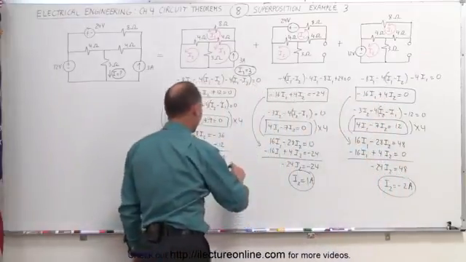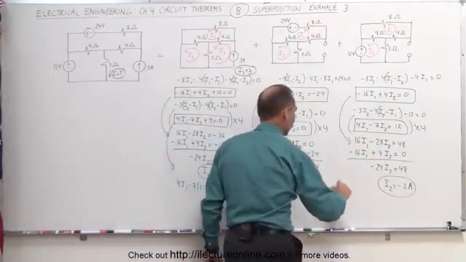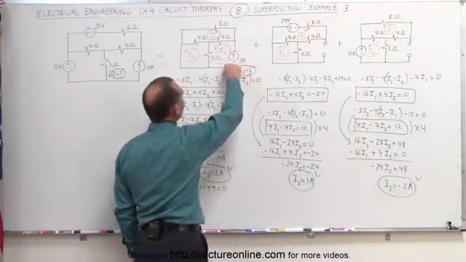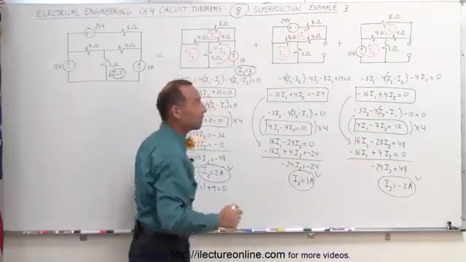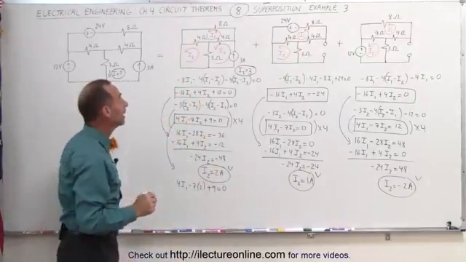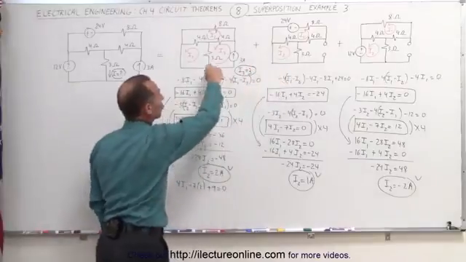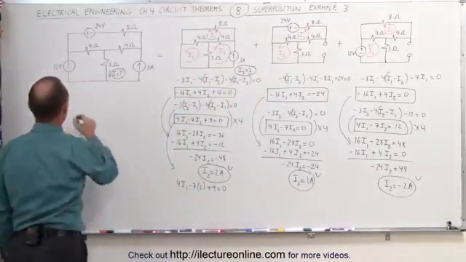I have 3 values for I2. And if I3 is important, like in this case, of course, I know that I3 is equal to 3. I can now go ahead and solve for I in this branch by simply adding up all the currents running through that branch.